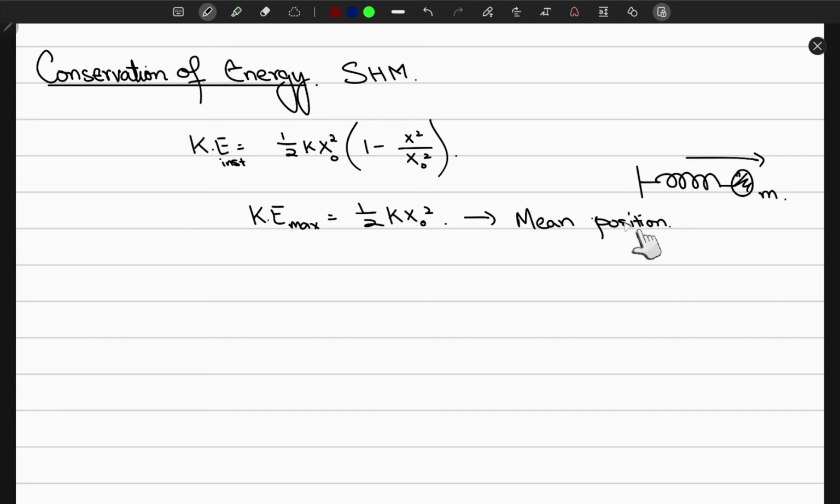While at any extreme position, for example, if I extend this spring and I bring it over here, and now I'm releasing it from this point, it would move, but the point from where I release this mass is the extreme position. So when I have my mass at that extreme position, there is no kinetic energy.